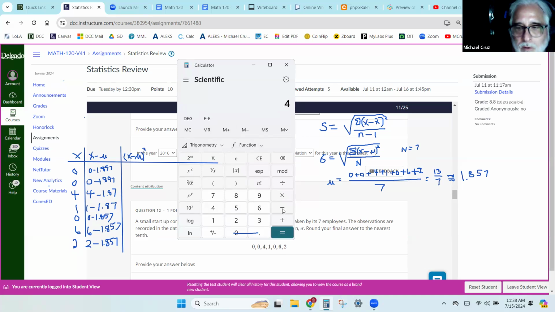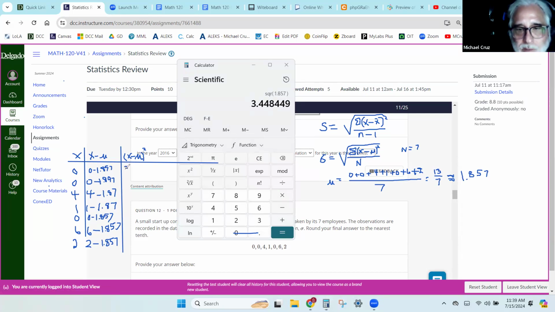All right, 4 minus. Oh, I was trying to cheat and use the calculator. Let me just write them down.